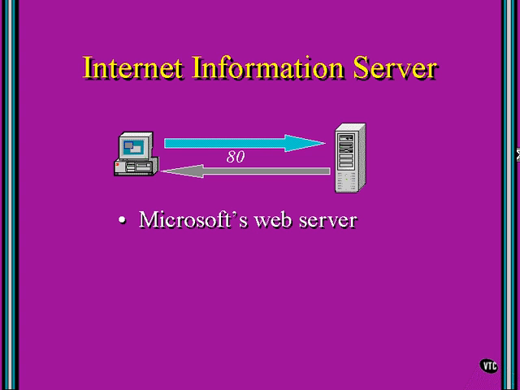Now, Microsoft's web server, again, is Internet Information Server. I want to give you just a little quick history and some ideas about Microsoft's web server. The current version is Internet Information Server, or IIS 5.0. When you load Windows 2000 server products, you automatically have loaded Internet Information Server.